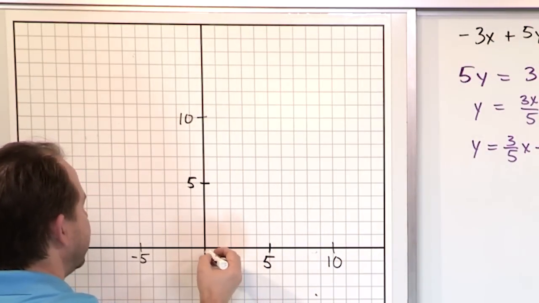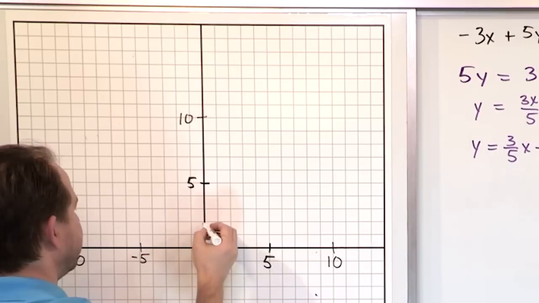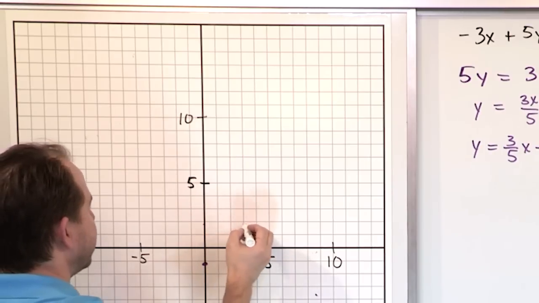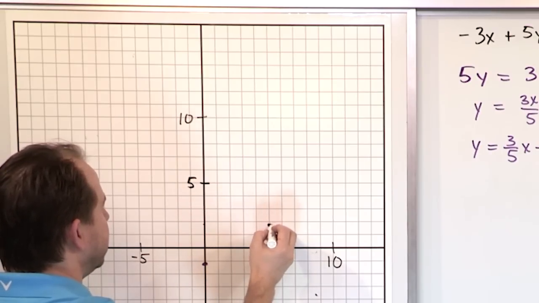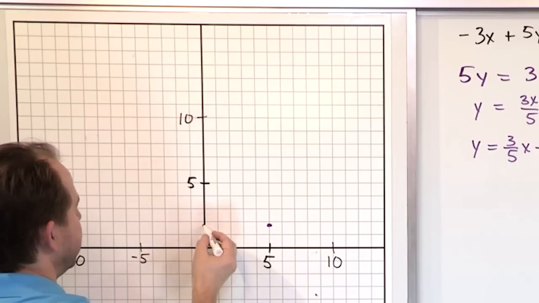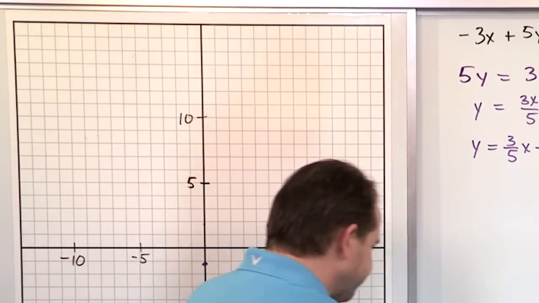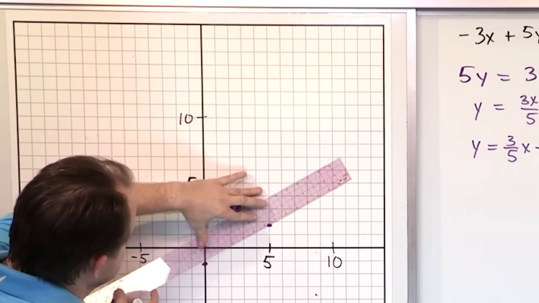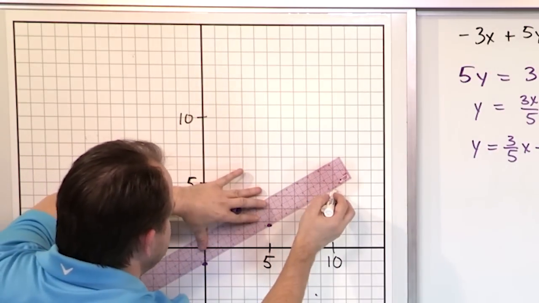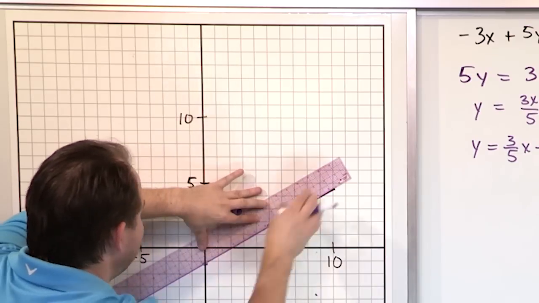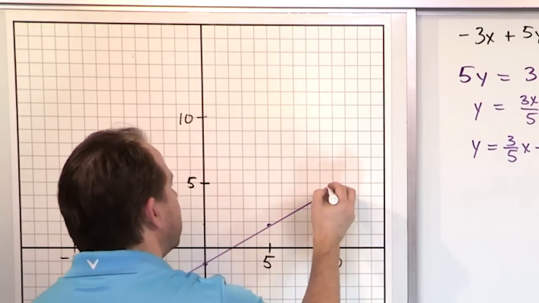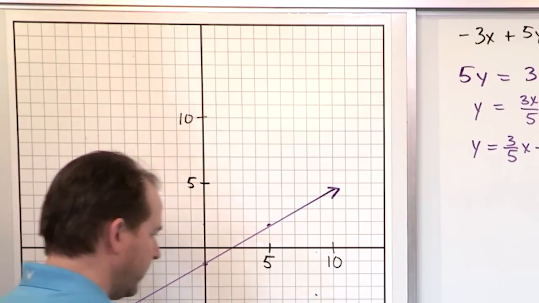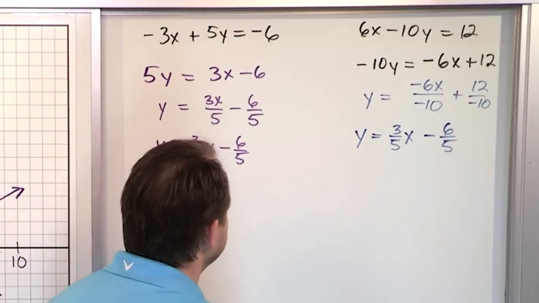So I could go 1, 2, 3, and then 1, 2, 3, 4, 5, right. And then I could go and graph that line. But still, you're left with the question, what does that mean? Why do I have both of them that look like exactly the same line?